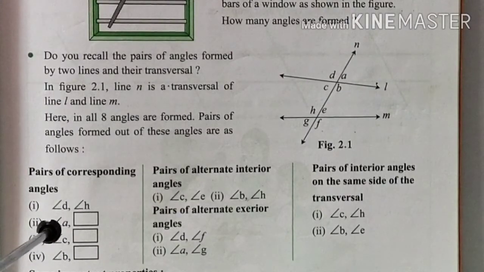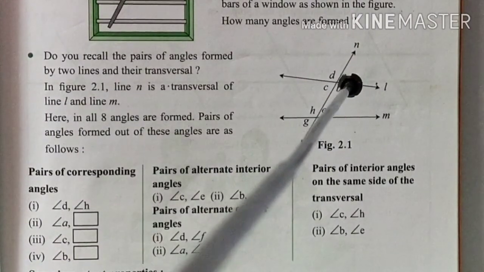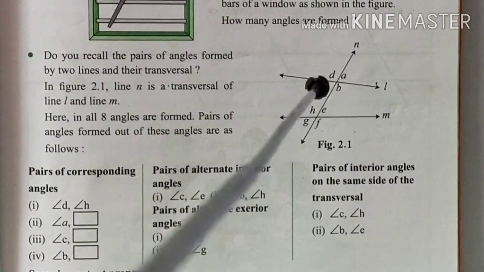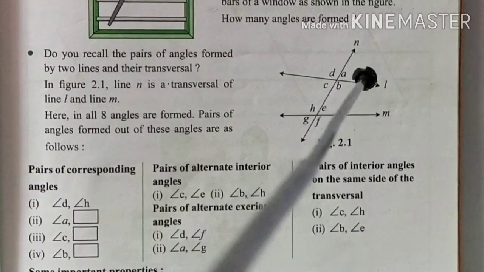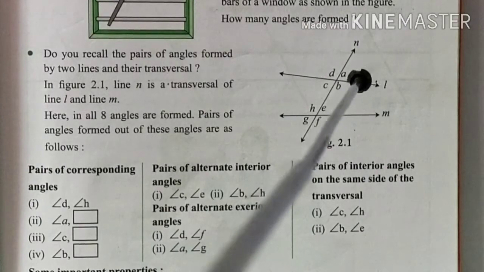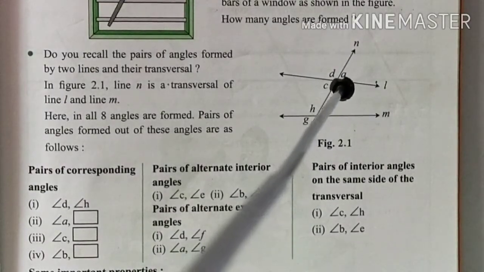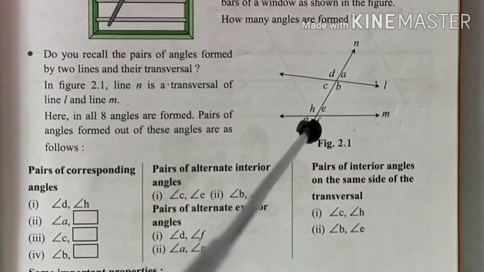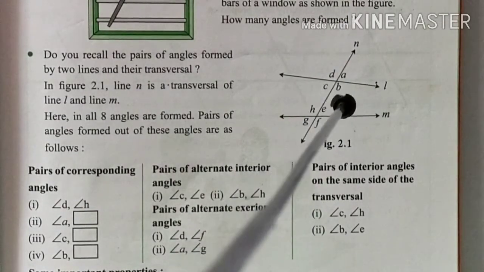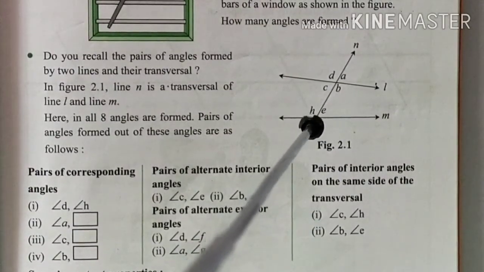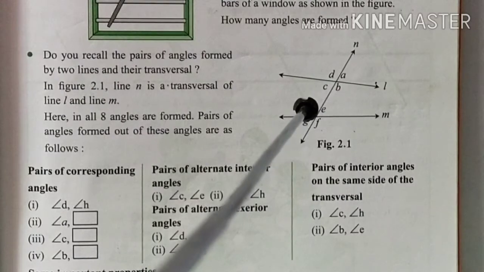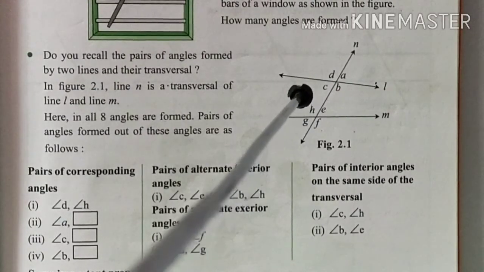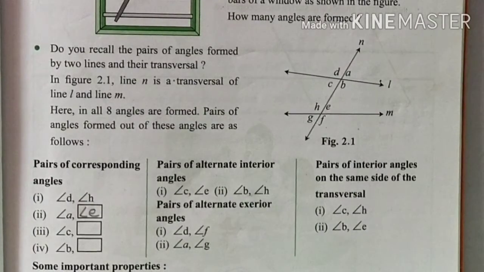So for angle A, here is angle A. According to that property, A lies on the right side of the transversal and in the upward direction of line L. Similarly we find the angle on the same side of transversal N and in the upward direction of M. Here we notice that angle E is like angle A. Means A and E is a corresponding pair of angles.